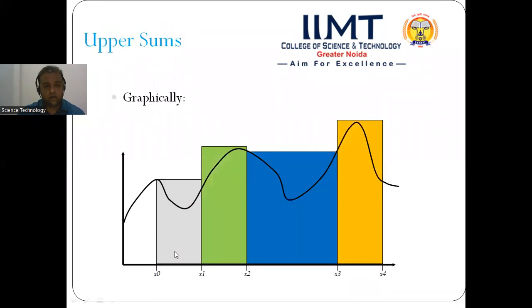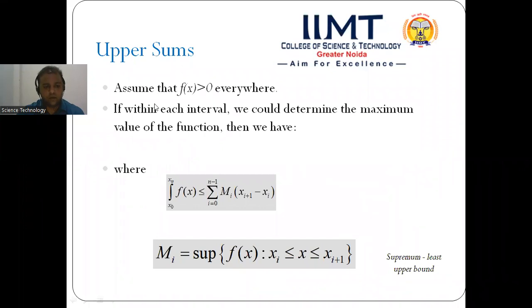So let's define what the upper sum is. Here we consider f(x) greater than 0 everywhere in the interval a to b, or the given interval where we have to find the integration. If within each interval we could determine the maximum value of the function, then for the integral from x0 to xn of f(x) dx, M_i is the supremum of the function in that given interval.